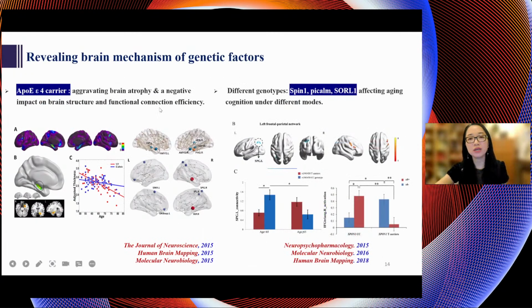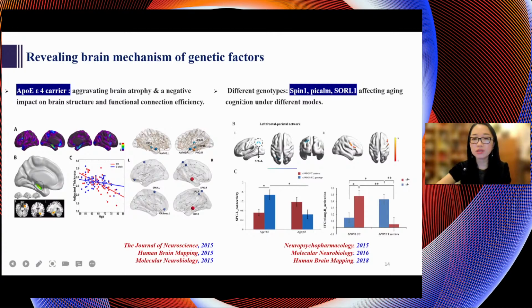And the other part, we started to investigate genetic factors, and how they relate to normal aging and AMCI patients. We found ApoE carriers have severe atrophy in the parahippocampal gyrus, and especially the TT carriers have a significant decrease in gray matter thickness.